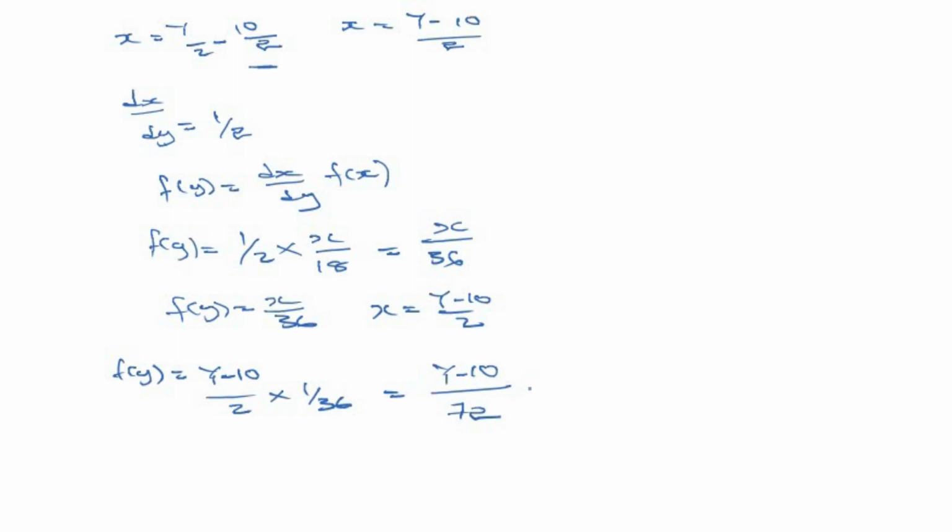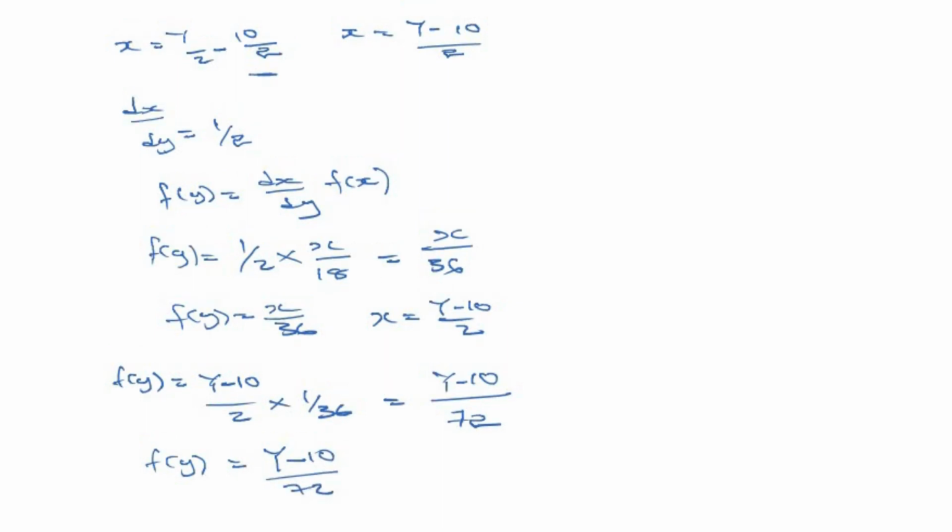So we've gotten our f of y to be equal to y minus 10 all over 72. This is what we are actually looking for.